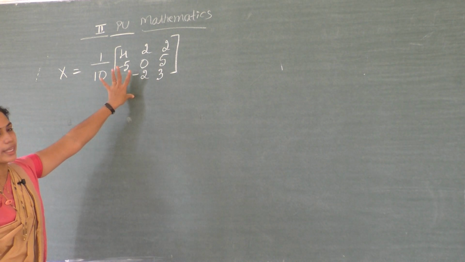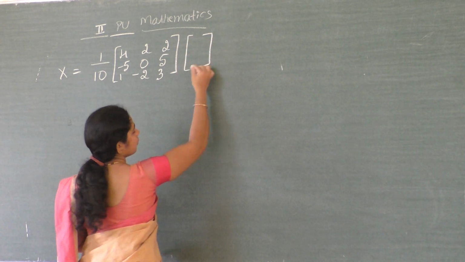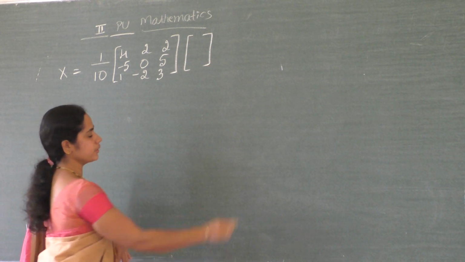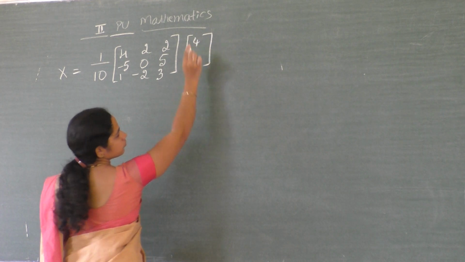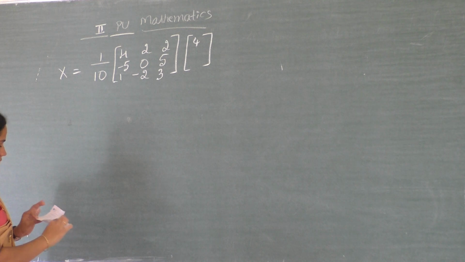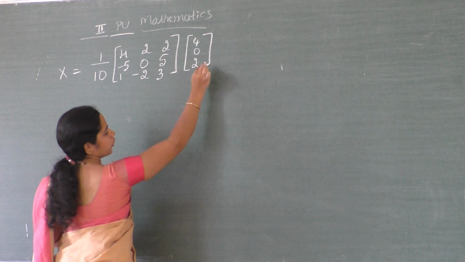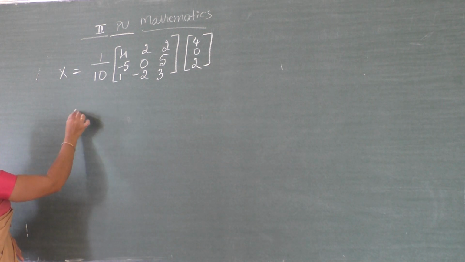X is equal to A inverse into B. Here B, in the question B is given, that is 4, 0, 2.